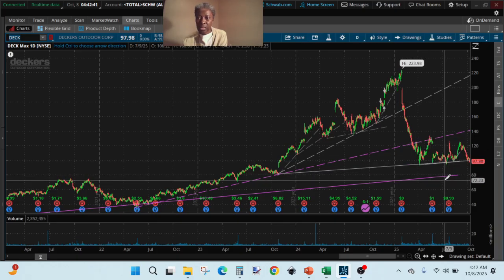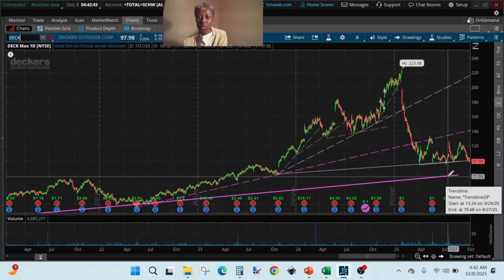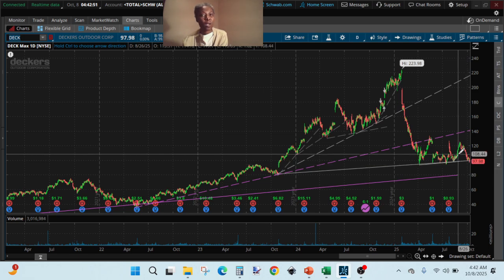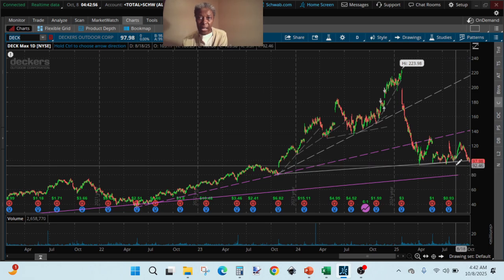So we have this longer support line, and we don't know if it's trying to get to that or if it's going to start going up from there, but it seems to be breaching this support line as well. So it's still on the drop, therefore it is not a buy.